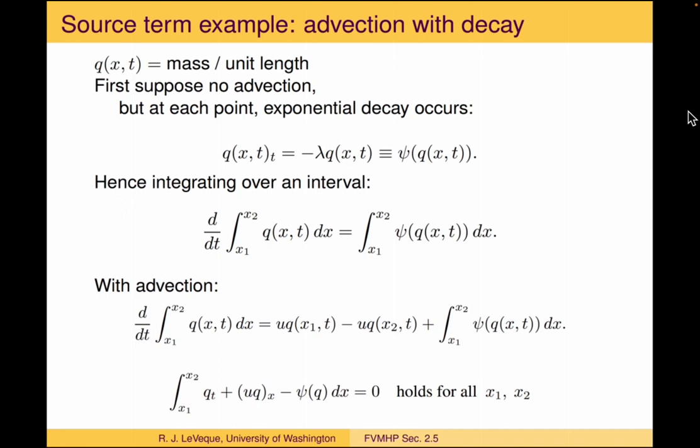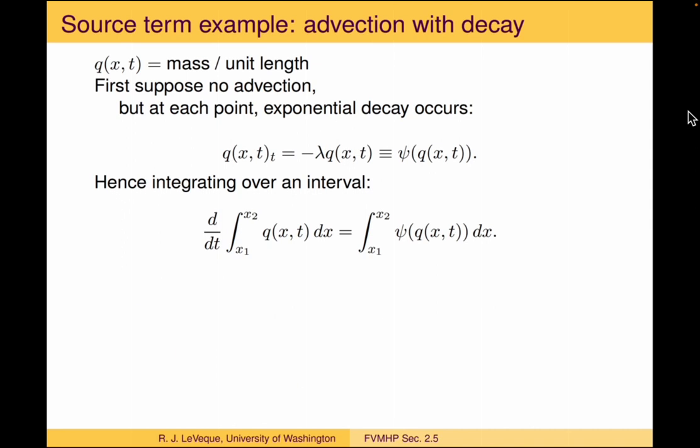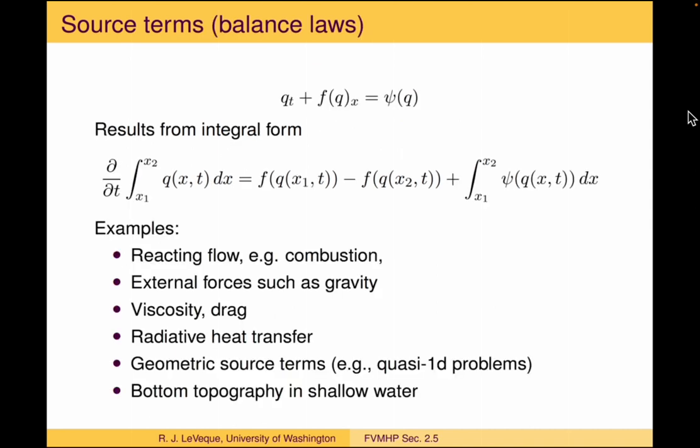So, although it's not really a conservation law now because this is not being conserved, it's decaying as it moves along, it's often called a balance law. The term balance law is used because there's really a balance between the fluxes and the source term often.